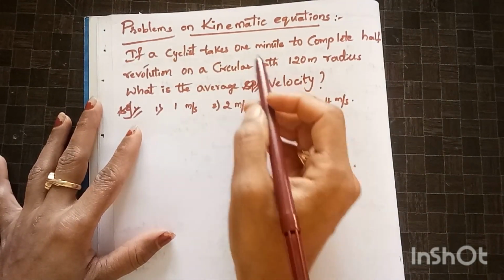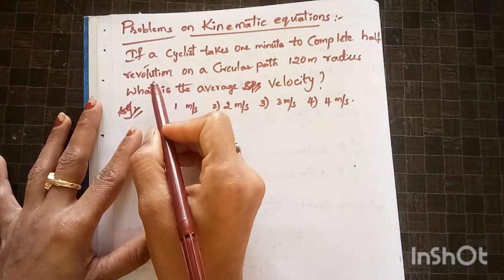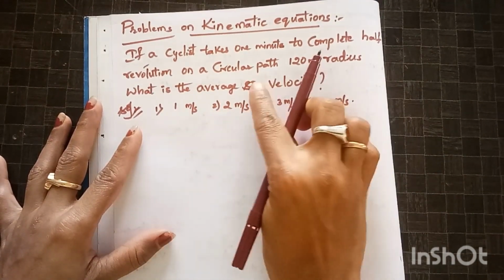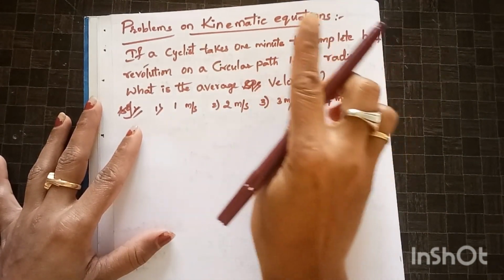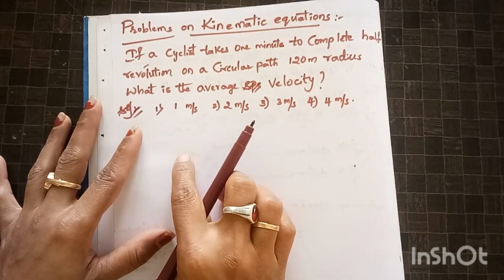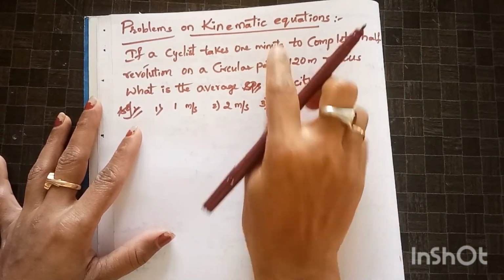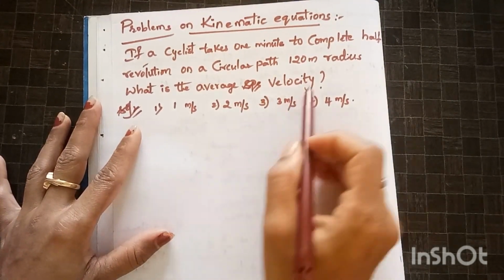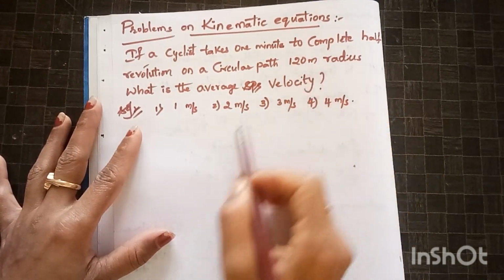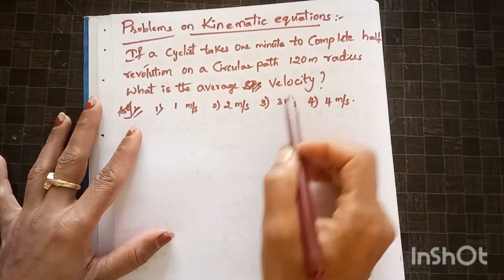He completed only half a revolution, and for half a revolution he took a time of 1 minute with a radius of 120 meters. He said to find the average velocity.